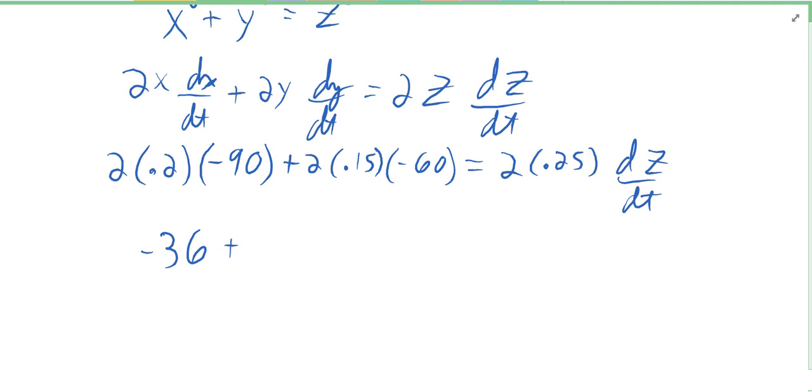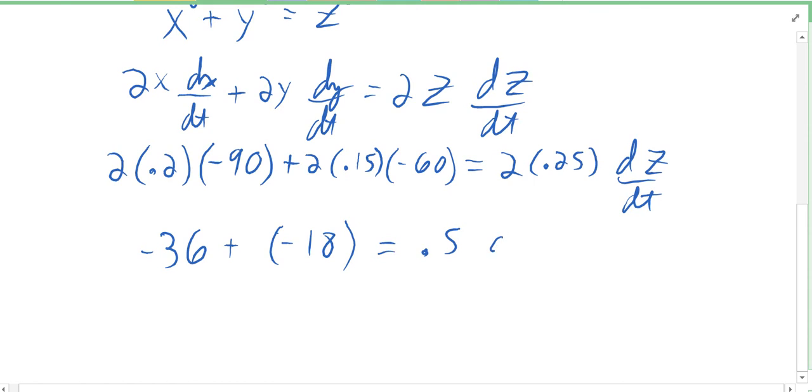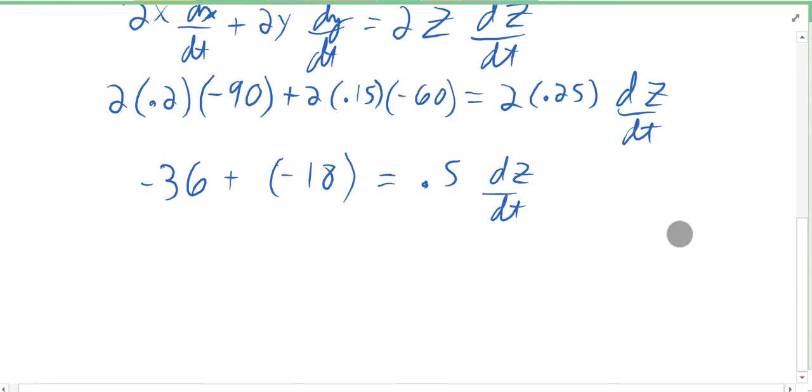So it's negative 18. Equals 2 times 0.25 is 0.5 dz/dt. Okay? Cool. So it's negative 54 divided by a half, which is negative 108.